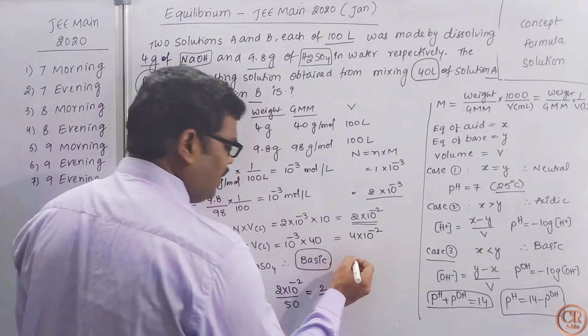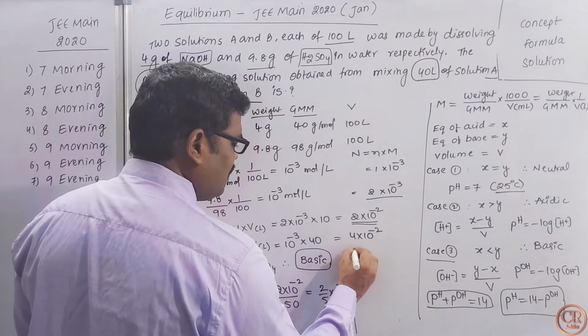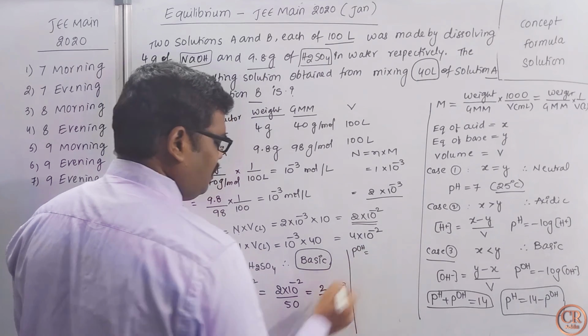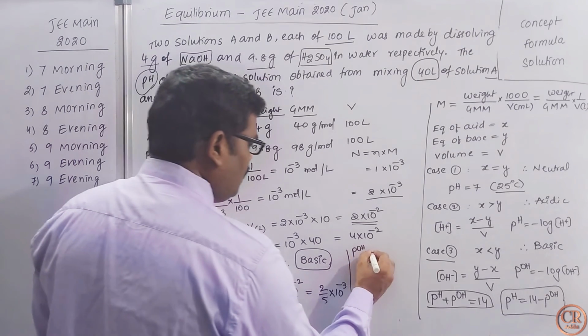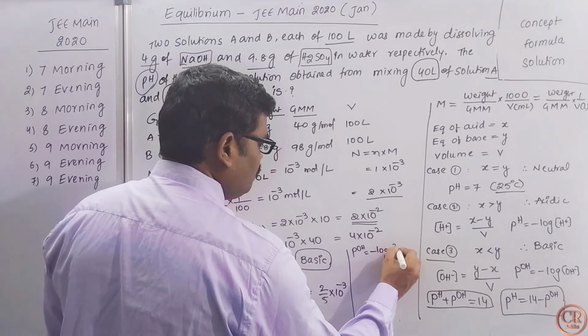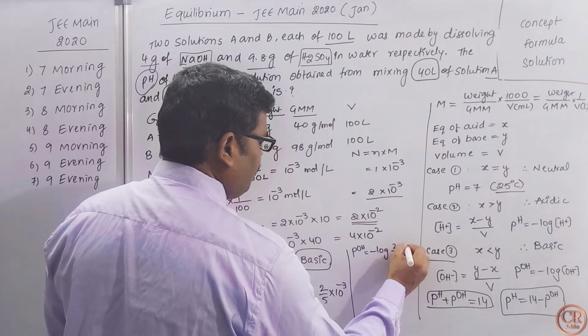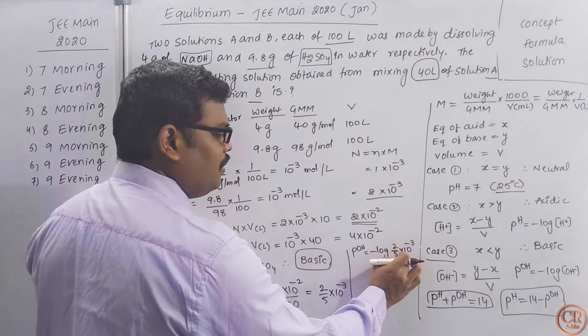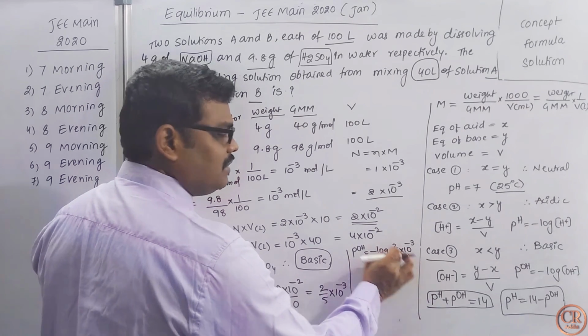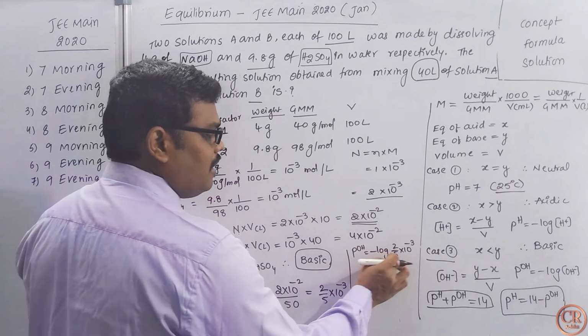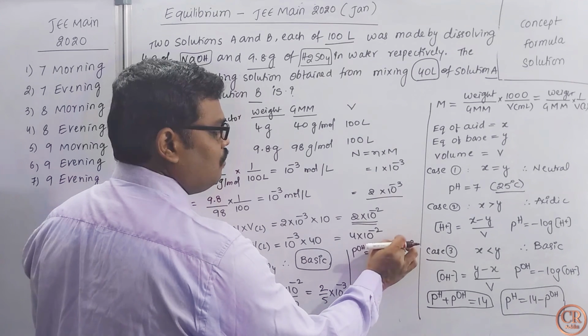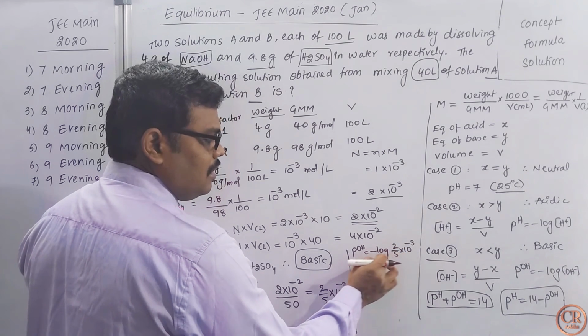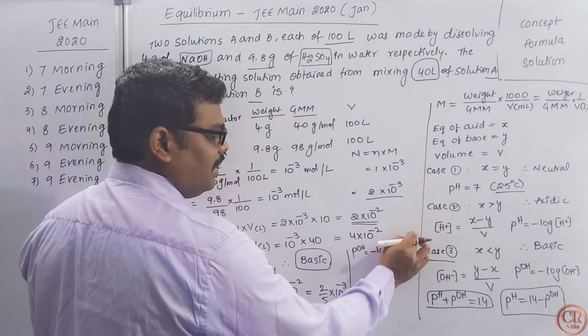From this we can calculate pOH. pOH is equal to minus log of 2 by 5 into 10 power minus 3. You can write log of A into B as log A plus log B. So that is minus log 2 by 5 plus minus log 10 power minus 3.